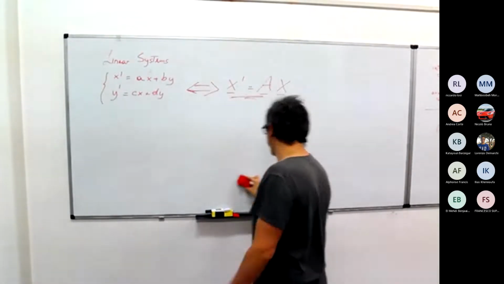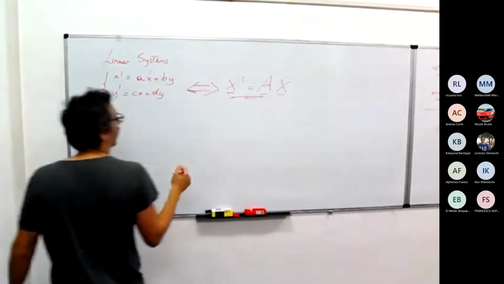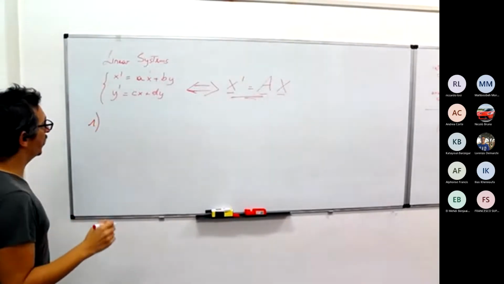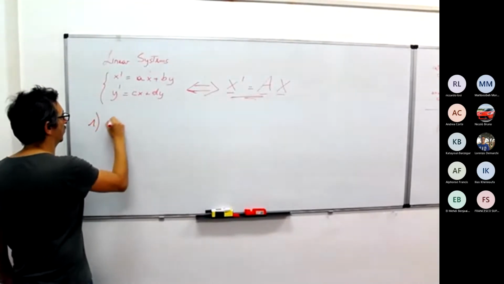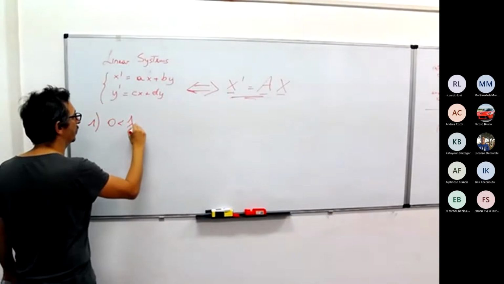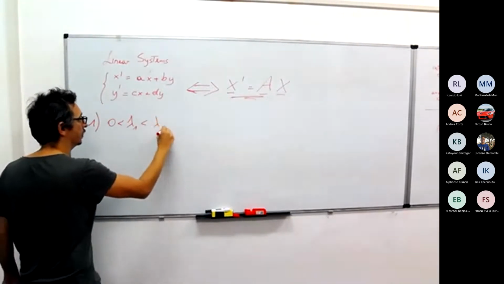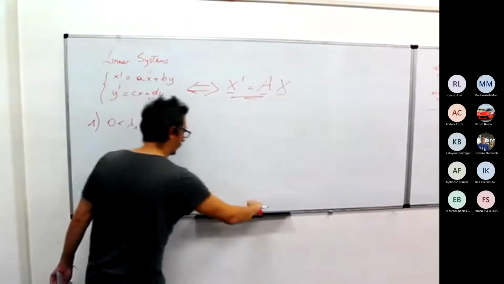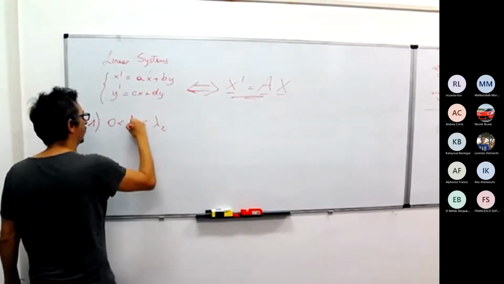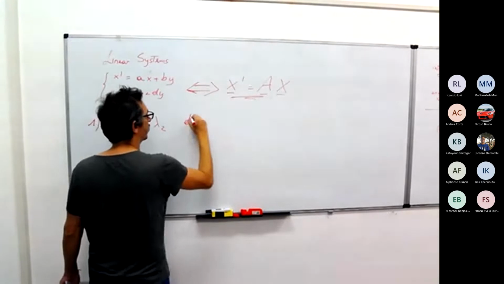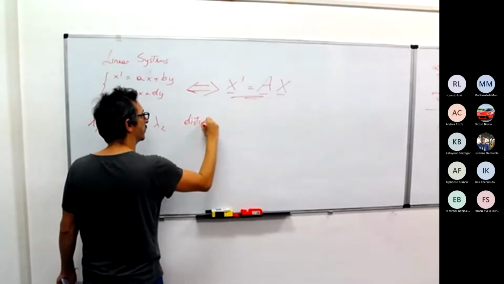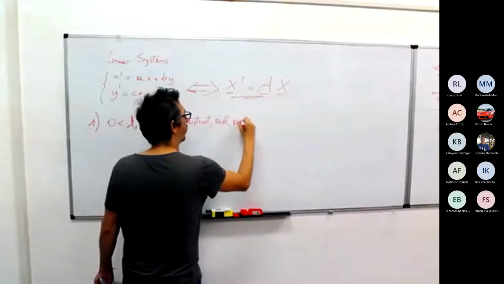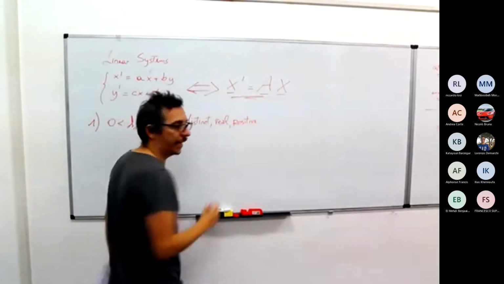Yesterday we were considering just the first case. The first case was the case of lambda 1 and lambda 2 two distinct real positive eigenvalues.